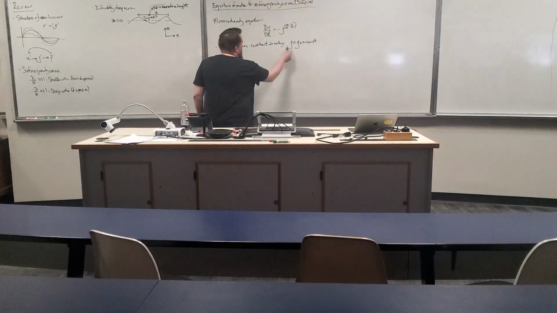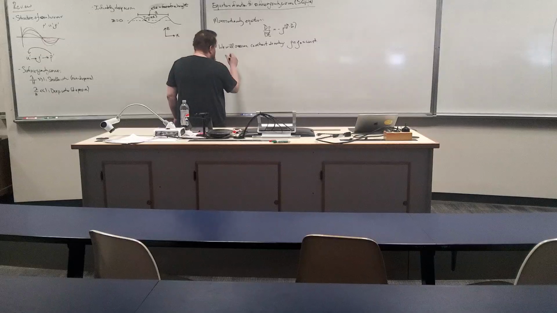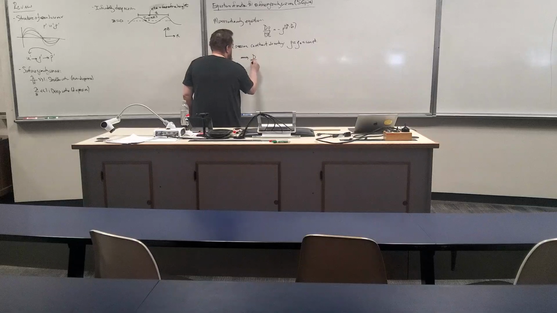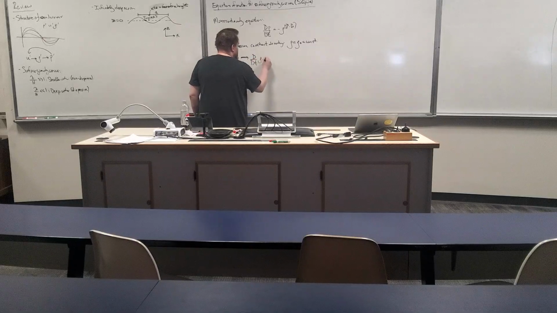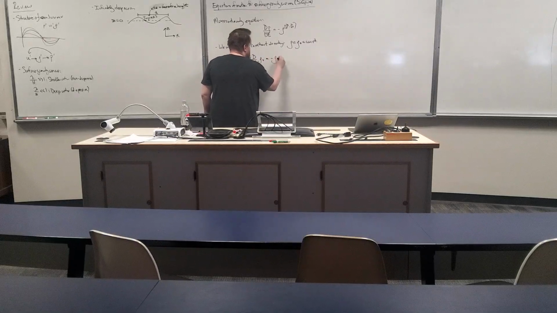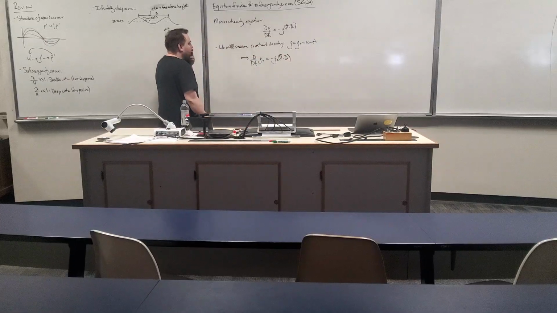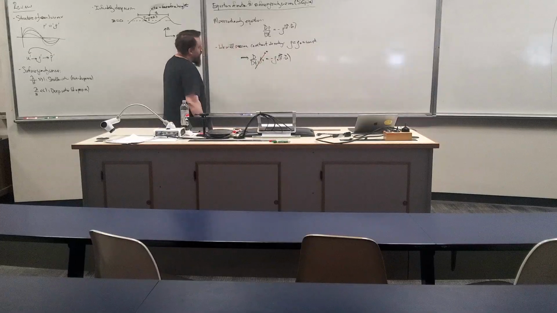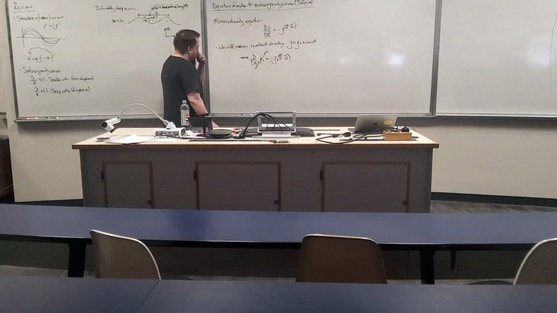So if the density is constant, then our continuity equation implies that the material derivative of rho naught equals minus rho naught times the divergence of u. But if rho naught is a constant, then any derivative of a constant is always 0.